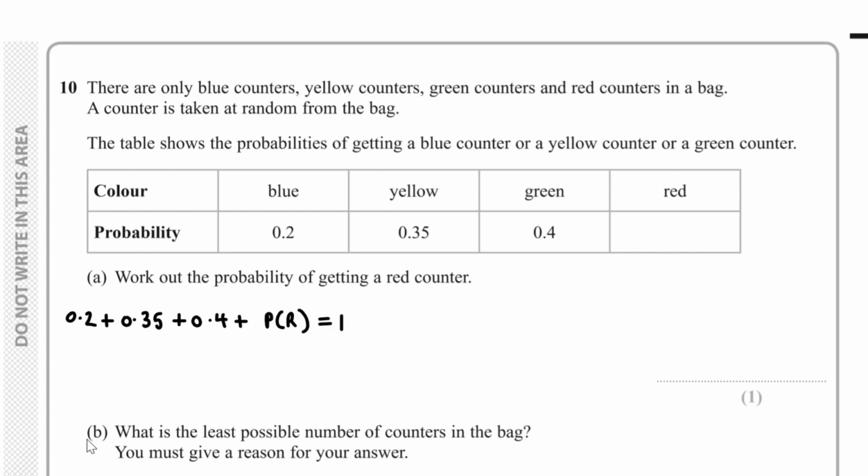All of this is equal to 1. And therefore, if we rearrange for probability of red, you'd find that to be 0.05. So we've got 0.05 for the probability of obtaining a red.